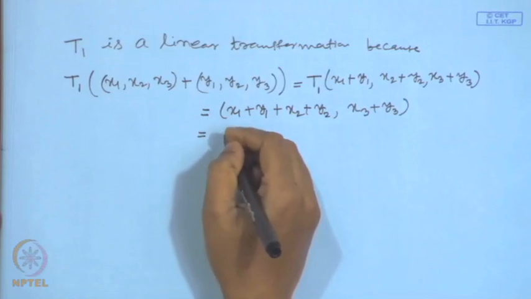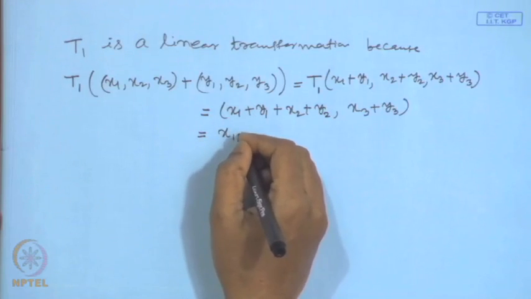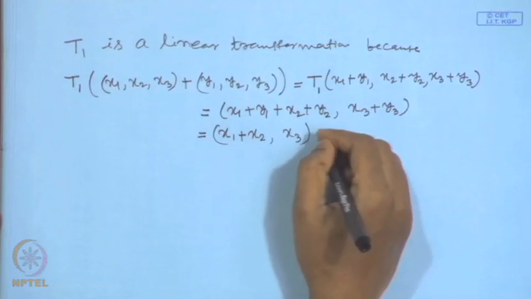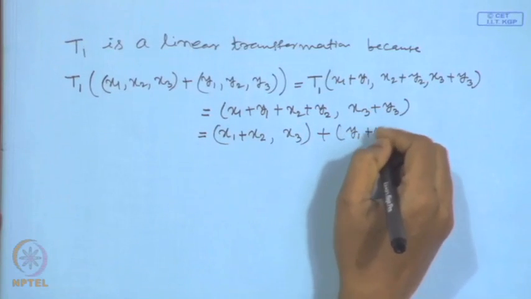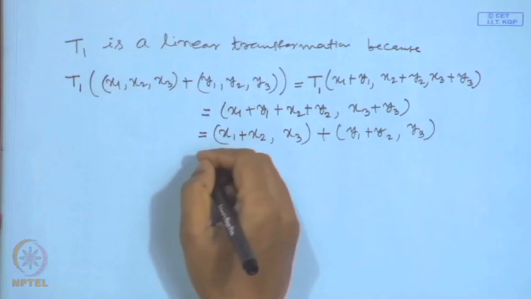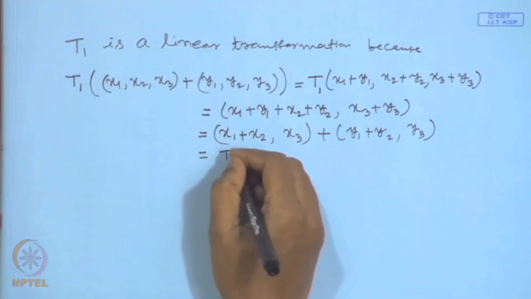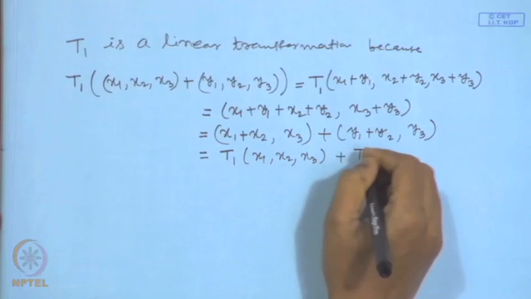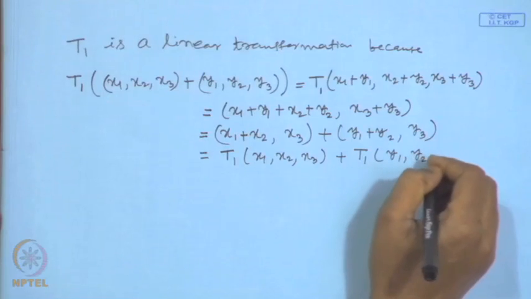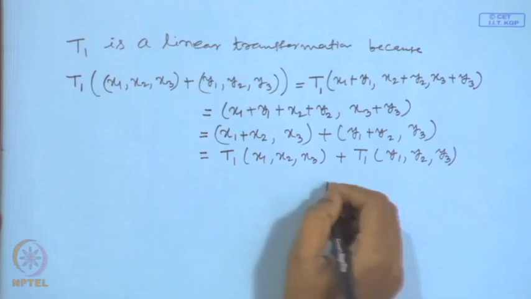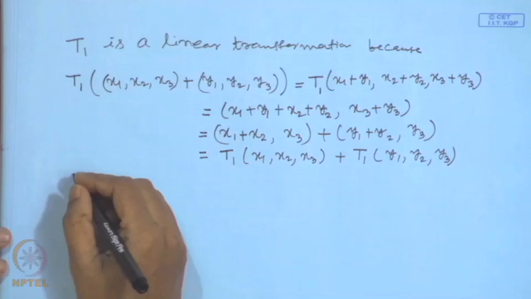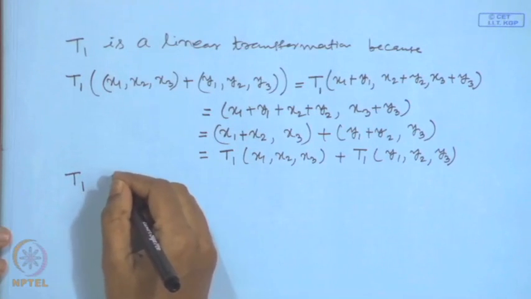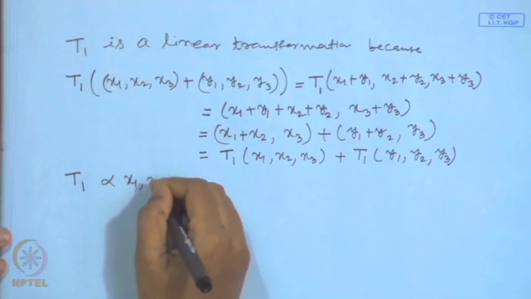This can be written as x1 plus x2, x3 plus y1 plus y2, y3, and that is equal to T1 of x1, x2, x3 plus T1 of y1, y2, y3.